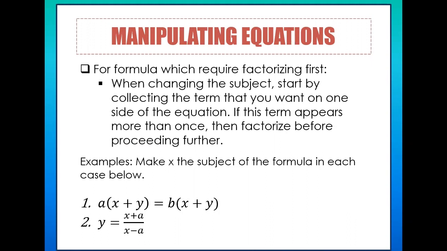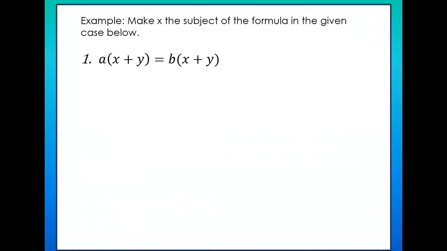So we have to factor or factorize it, okay, to have only one variable for the subject of the formula. Now, let's have example number 1. So here we have a(x plus y) is equal to b(x plus y). Same procedure, same rules that we learned earlier.